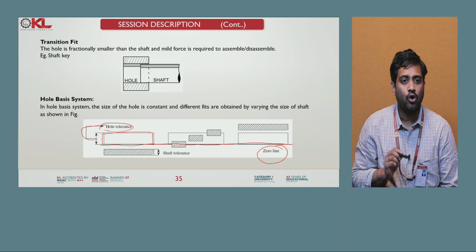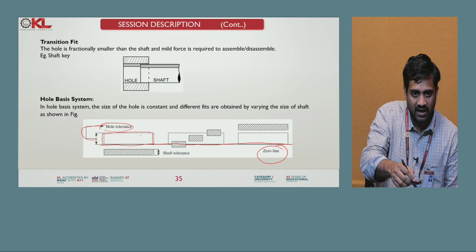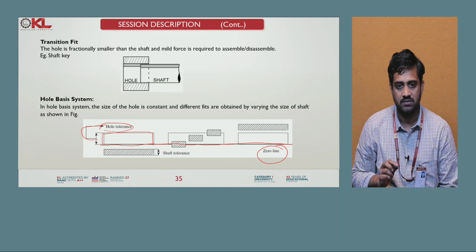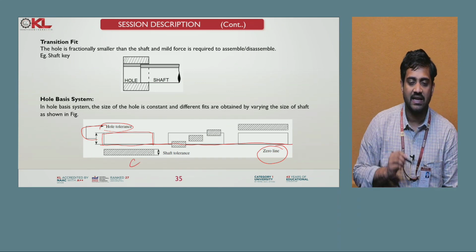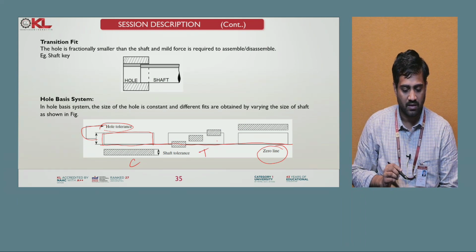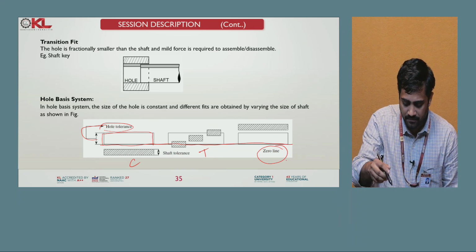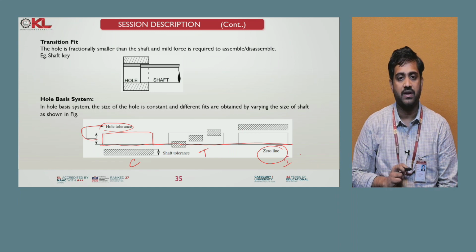In the hole basis system the size of the hole is constant. Here I am showing you three different fits. The first one is clearance fit, this is transition fit, and this last, third one is interference fit.